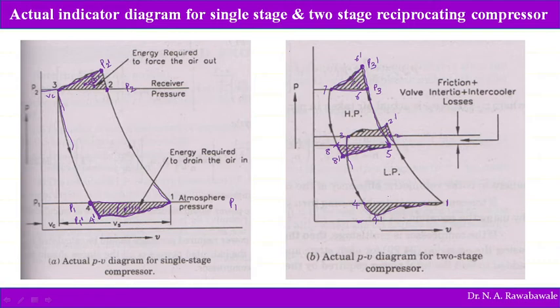Theoretically we speak that the pressure as soon as it attains the required pressure we have to discharge, or automatically discharge takes place to the reservoir, but it is not the case. So as soon as it reaches the maximum pressure, the airflow will not take place from compressor cylinder to the reservoir. Pressure has to be increased beyond that, then only discharge of air takes place into the reservoir.